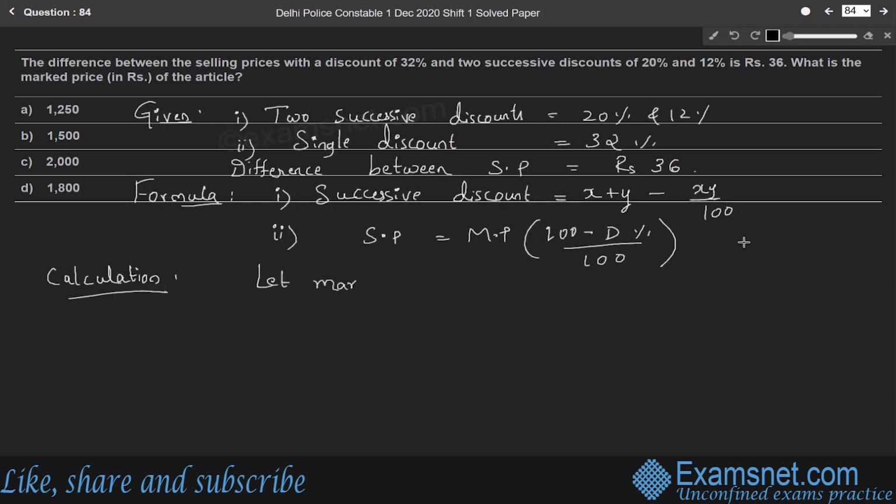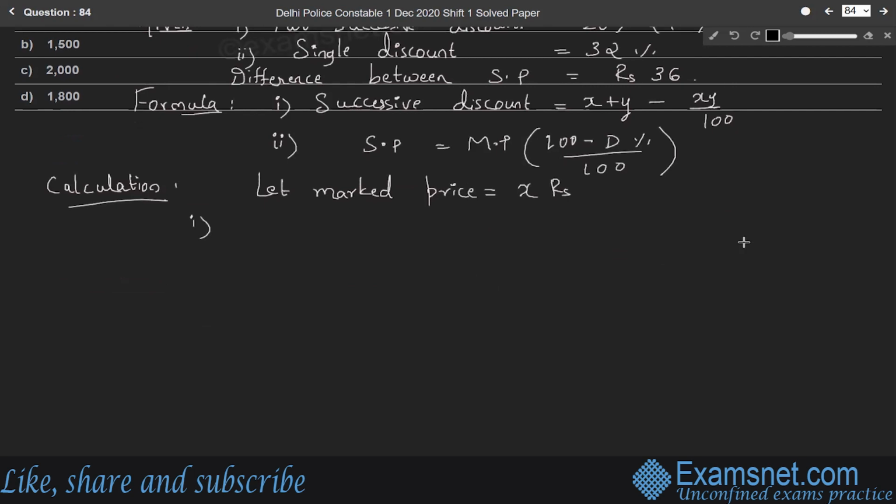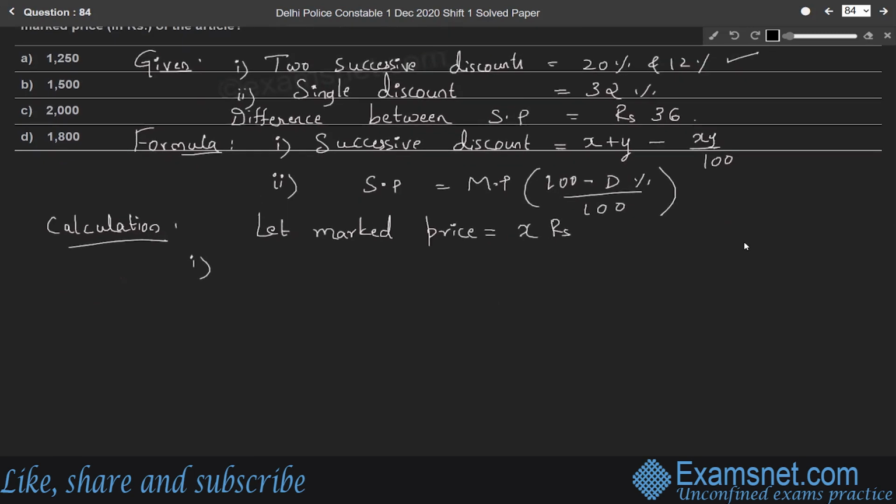In the first case, when two successive discounts are given, we find the successive discount according to the formula x plus y minus xy by 100.